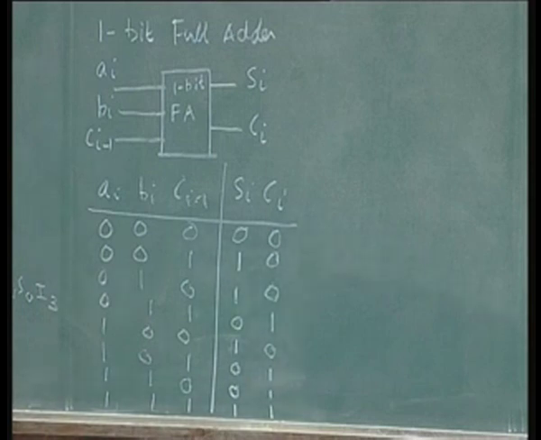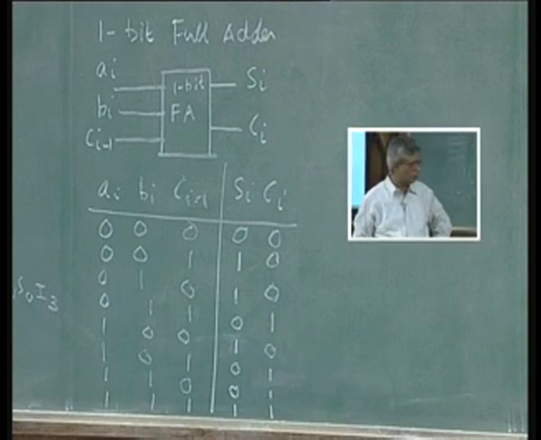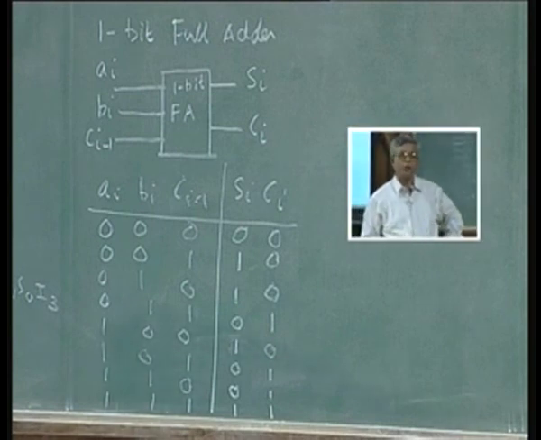This is a well known truth table. You might have seen it in umpteen number of books, and you might have studied it in your earlier course, and you also know how to implement it using gates.